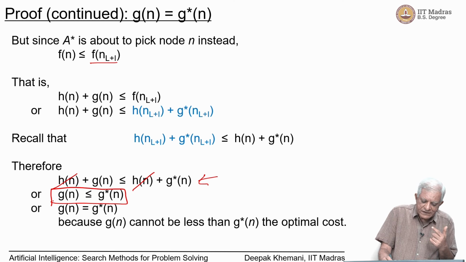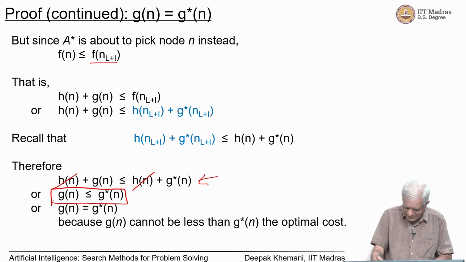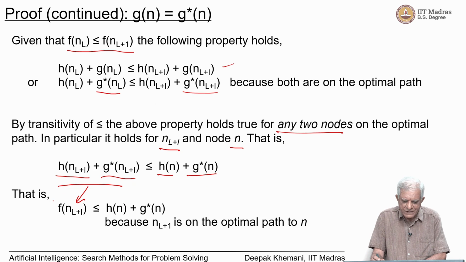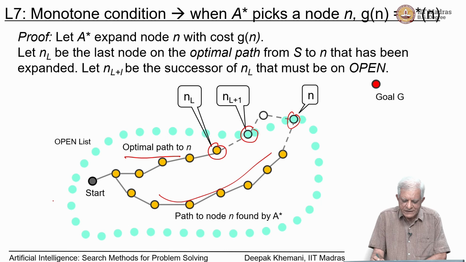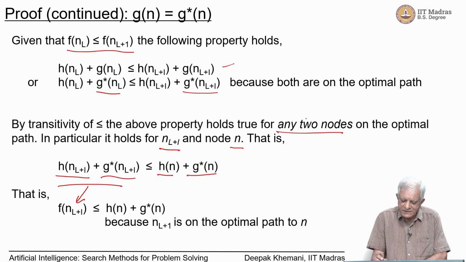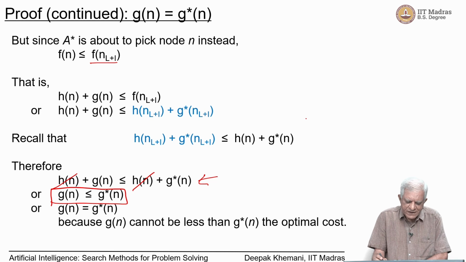So, when the algorithm is picking this node n, what does this mean? That these nodes n_{L+1} and n must have the same f value, that going from n_{L+1} to n it must not change, and maybe n_{L+1} is the same as this node n essentially.